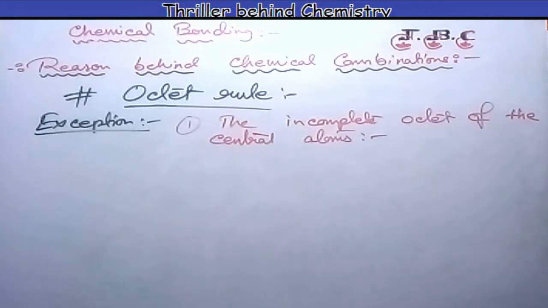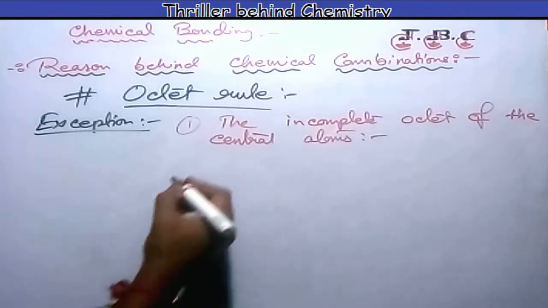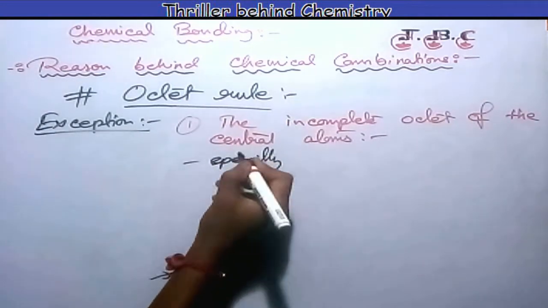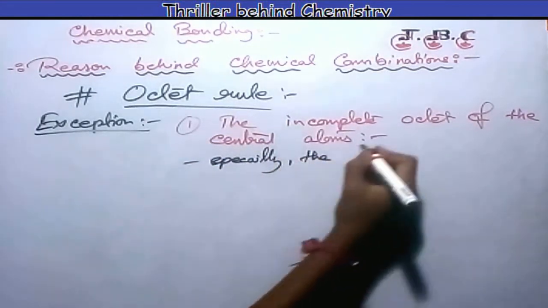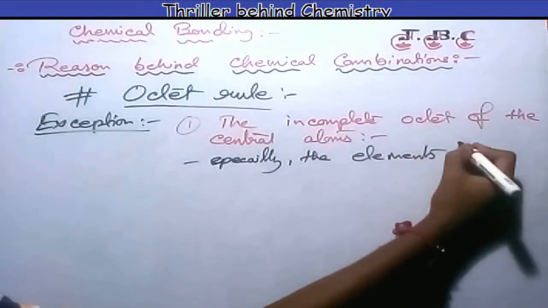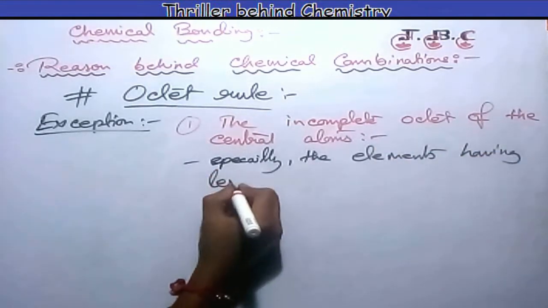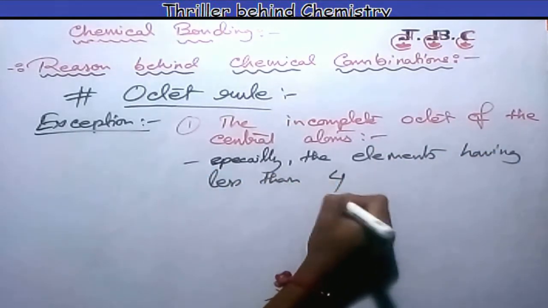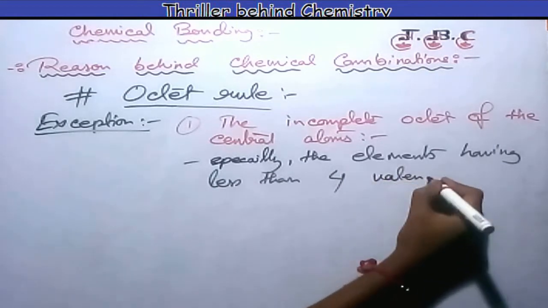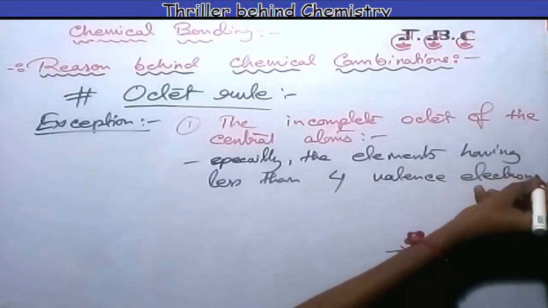In some compounds the number of electrons surrounding the central atom is less than 8, that is, they can't acquire the stable outer octet electronic configuration, especially the elements having less than 4 valence electrons.